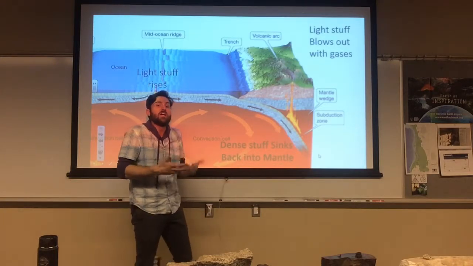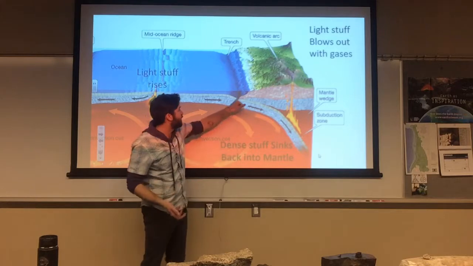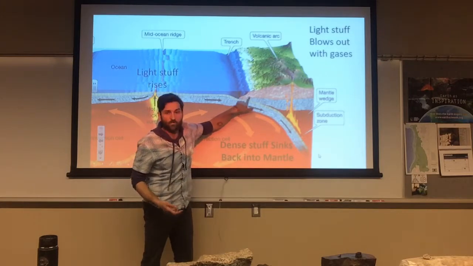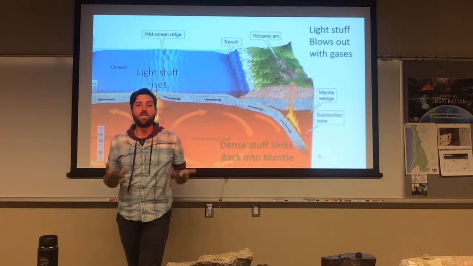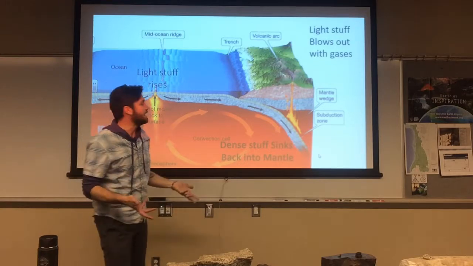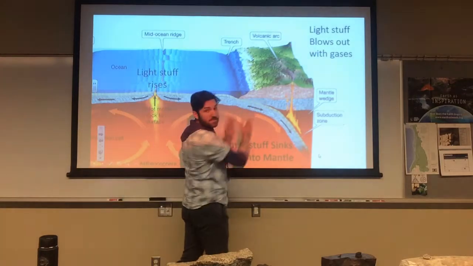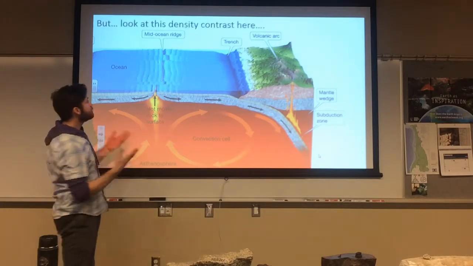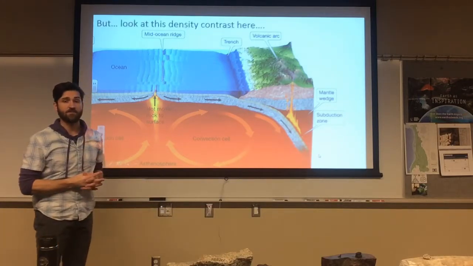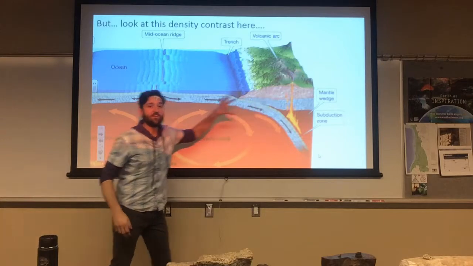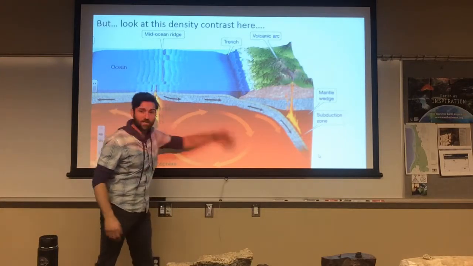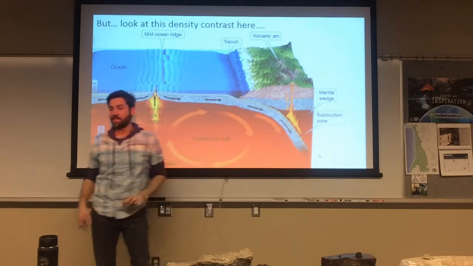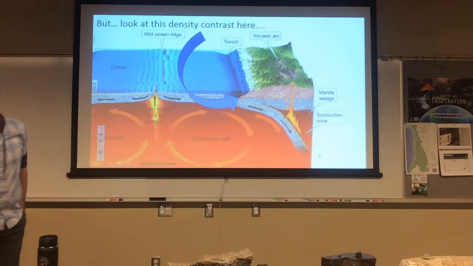That's just light felsic stuff on the top that gets metamorphosed down here in the accretionary prism. So what's happening here is that the light stuff stays on the top surface of the Earth. So look at this density contrast that's here. Light stuff, heavy stuff. Heavy stuff recycled back down, light stuff stays on the surface.